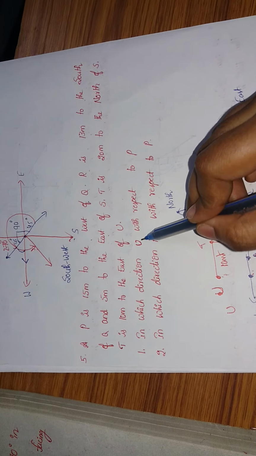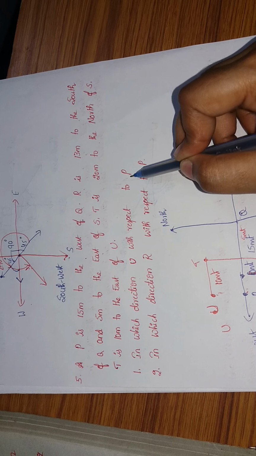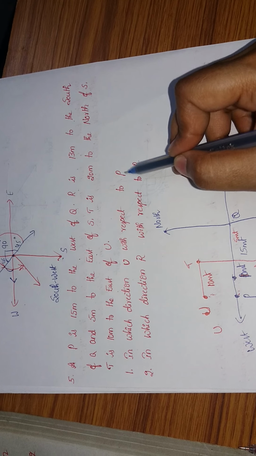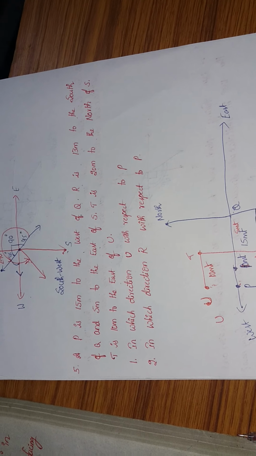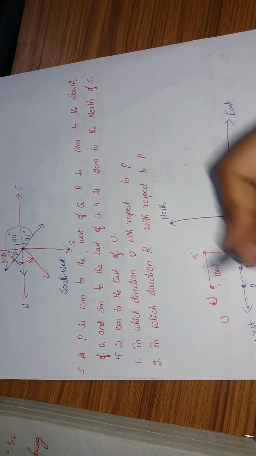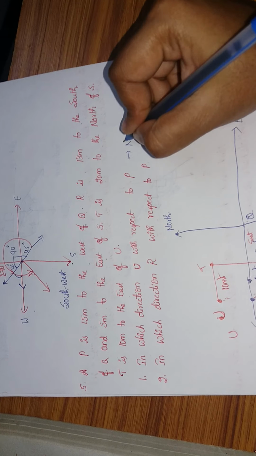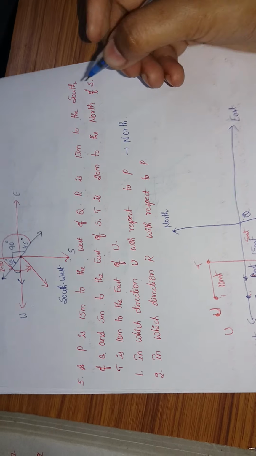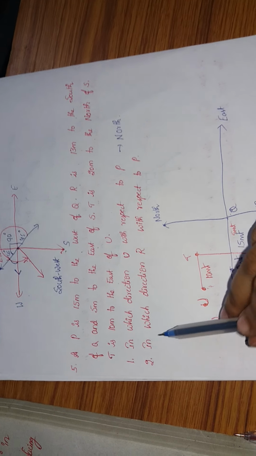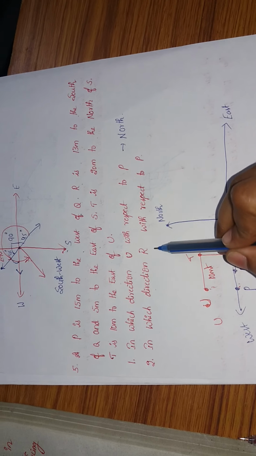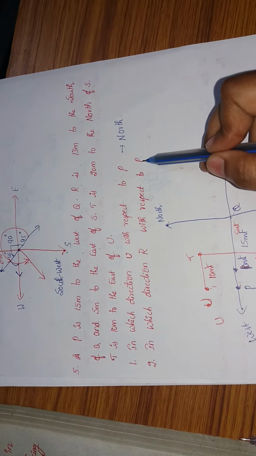Next, what is the question? In which direction is U with respect to P? From P, we have to see the direction of U. From P, the direction of U is north. So the answer for this question is north. U is north to P. And in which direction is R with respect to P?